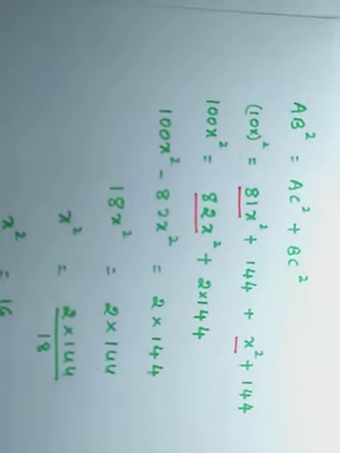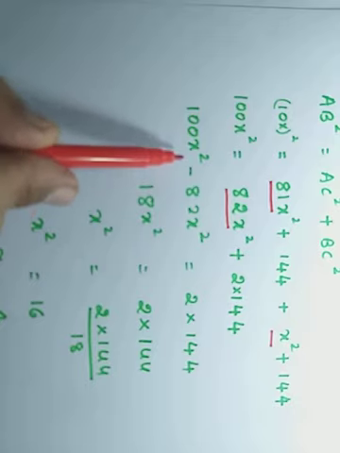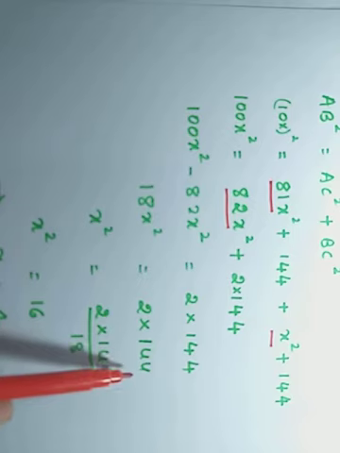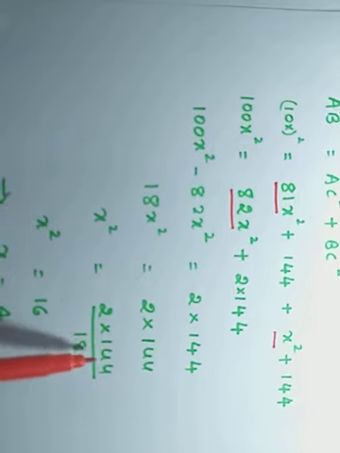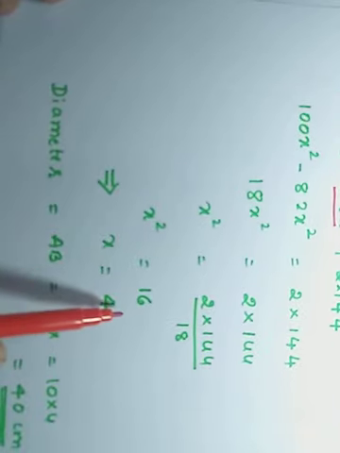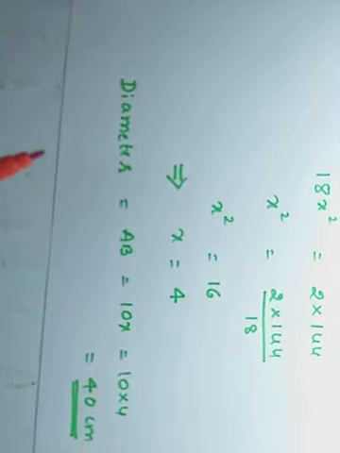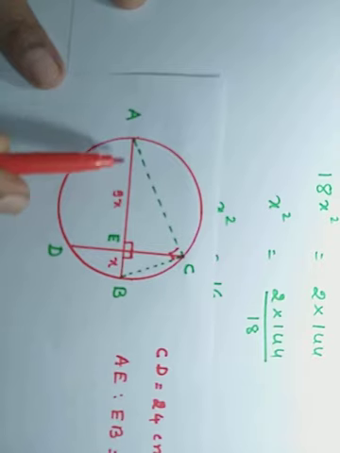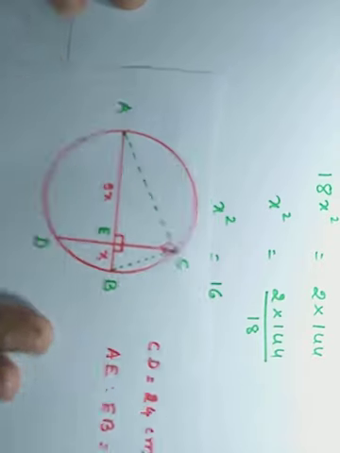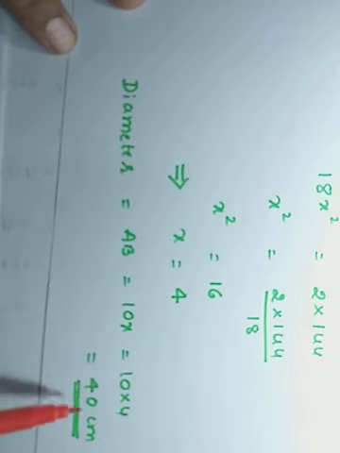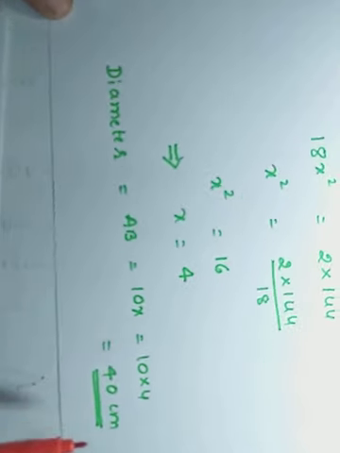Therefore, simplification gives 100x square minus 82x square is equal to 2 into 144. 18x square equals 2 into 144, so x square is equal to 2 into 144 divided by 18, which is 16. Therefore x is equal to 4. Going back to our figure, the diameter AB is 10x, that is 10 into 4, equal to 40 centimeter.